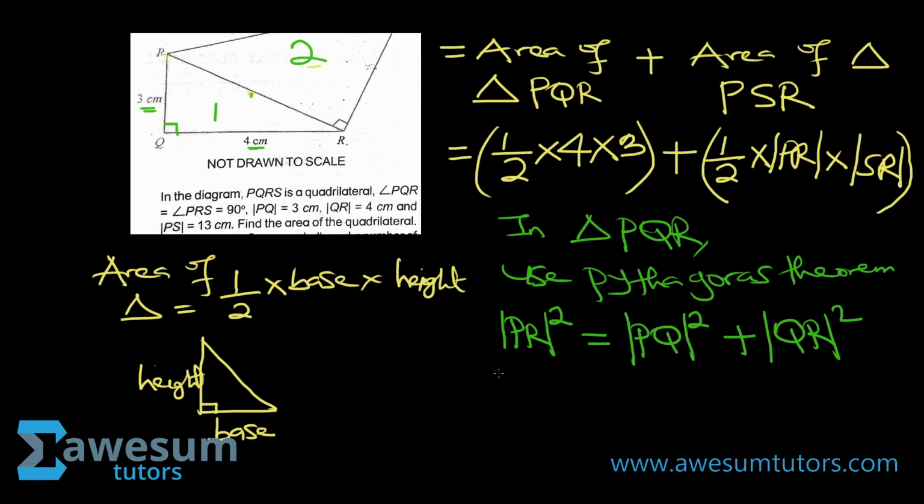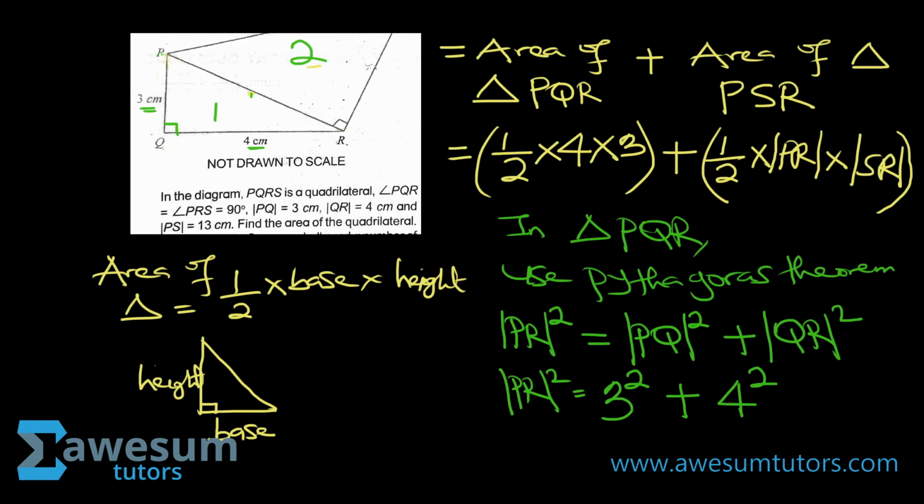Now take note, we are looking for PR. So PR squared equals, what is PQ? PQ is 3, so 3 squared, plus what is QR? Line QR is 4, so 4 squared.